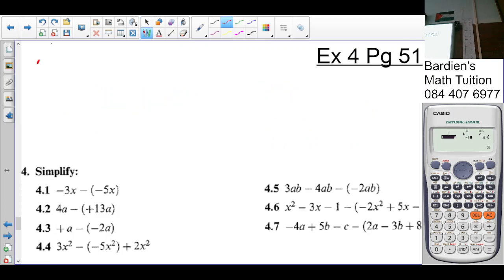Did you get 4.4? You got 3x squared minus negative 5x squared plus 2x squared. So what must be done first? Brackets. Get rid of the brackets.